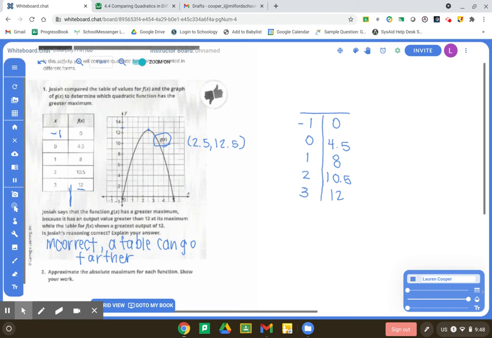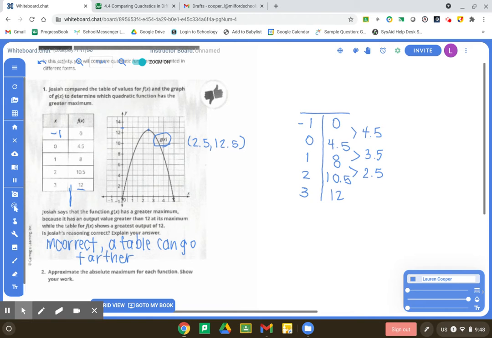So if we do 4.5 minus 0, that gives us our first difference of 4.5. Then we do 8 minus 4.5, and that gives us 3.5. Then we do 10.5 minus 8, which gives us 2.5.